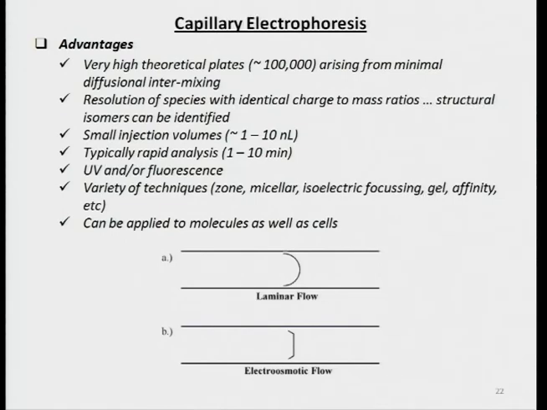Now we have numerous techniques that have been developed: zone, micellar, isoelectric focusing, gel affinity, things of that sort. I have a few examples because we don't really have much time. And these days you can actually shoot in cells. You can shoot in the capillary, you can shoot in cells.